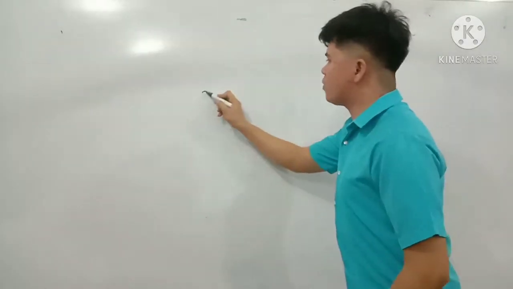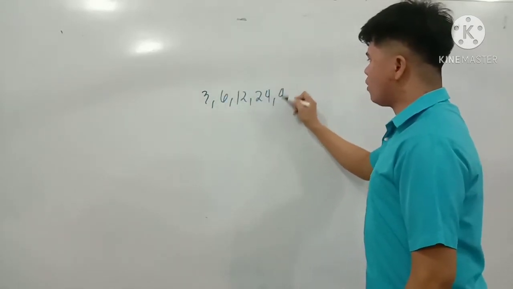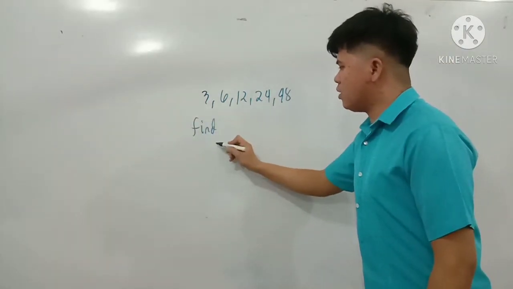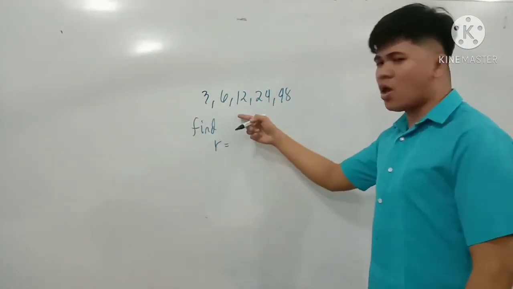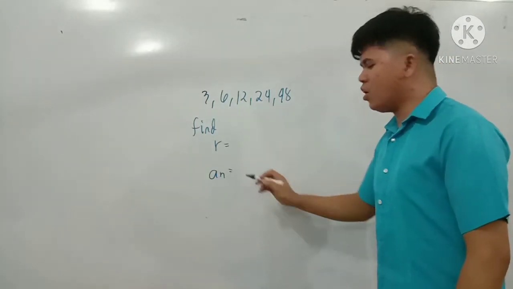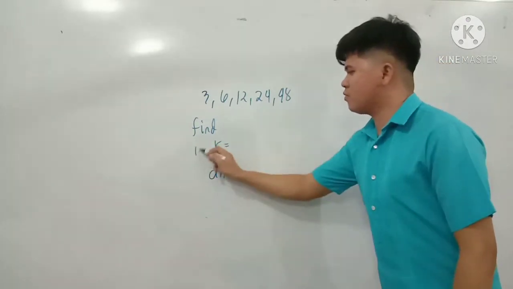Let's say we have 3, 6, 12, 24, and 48. Our task is to find the common ratio of this given sequence and then the general term, or the general formula, of this given sequence.